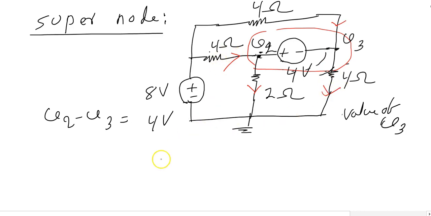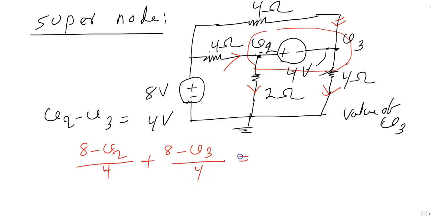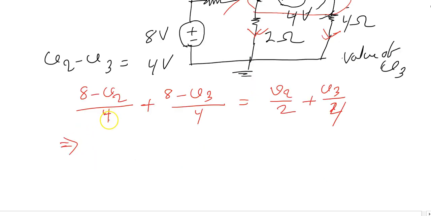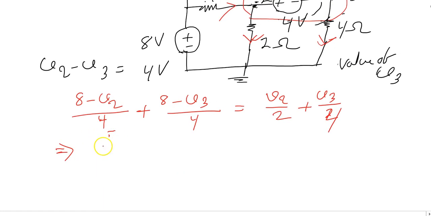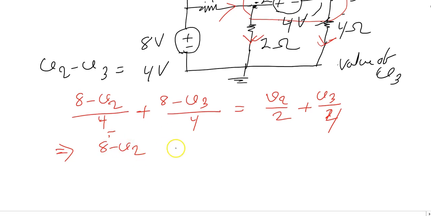So what is this current? 8 minus V2 upon 4, this current, plus 8 minus V3 upon 4 is equal to this current plus this current, outgoing current, V2 by 2 plus V3 by 4. Multiply both the sides with 4. So 8 minus V.